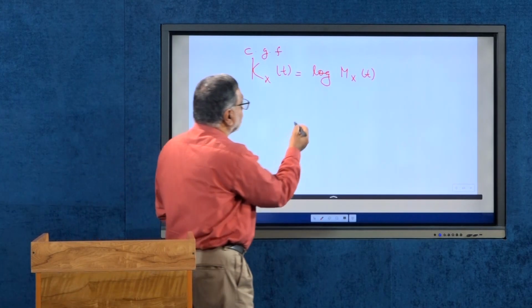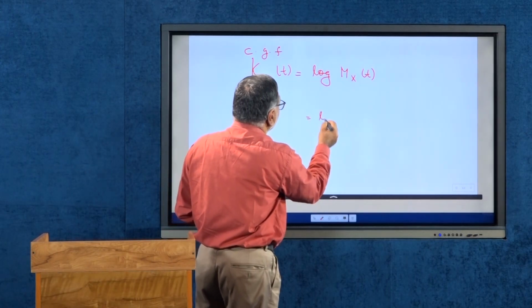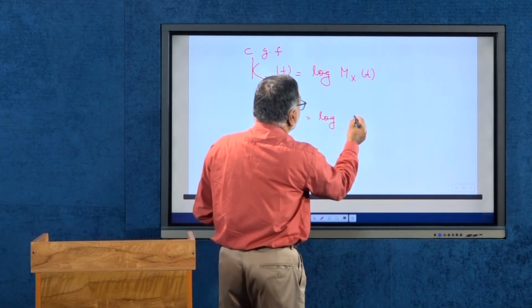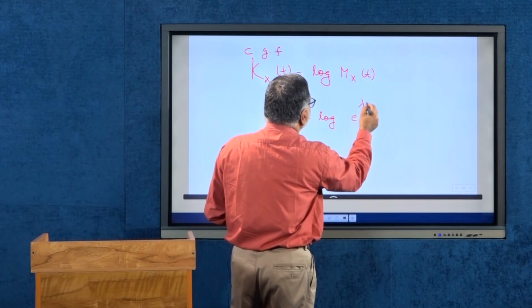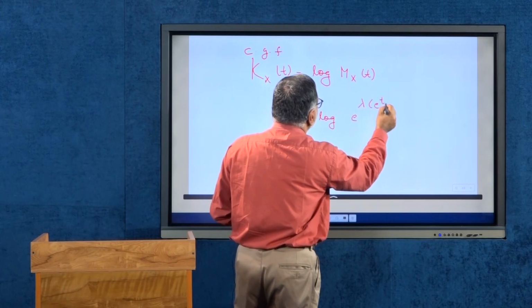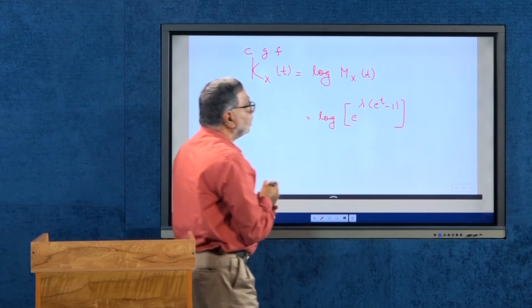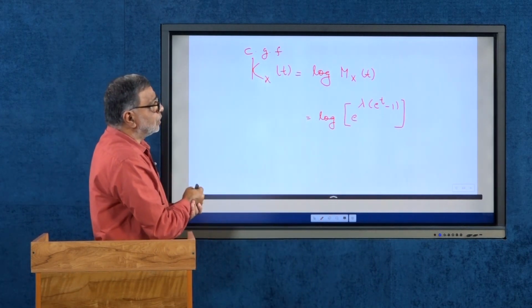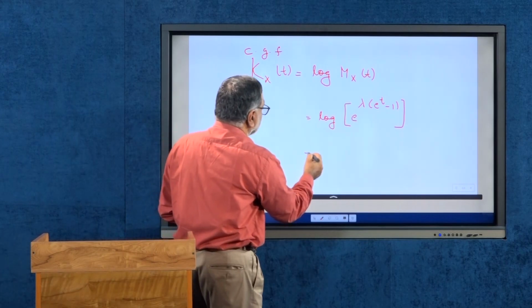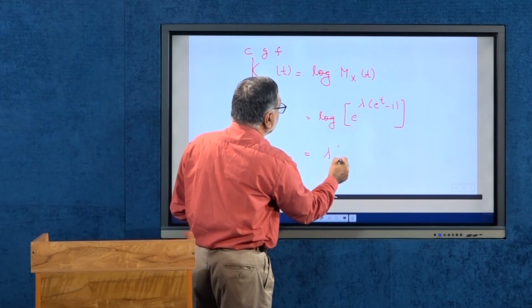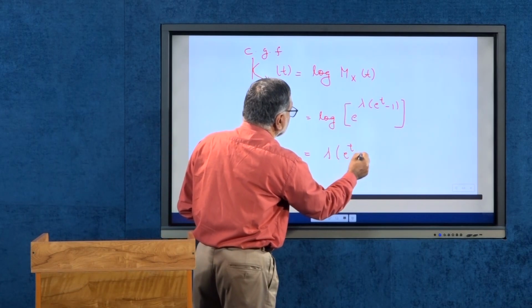For the Poisson random variable, this is the logarithm of the moment generating function we already established, logarithm of e power lambda (e power t minus 1), which simplifies to lambda (e power t minus 1).